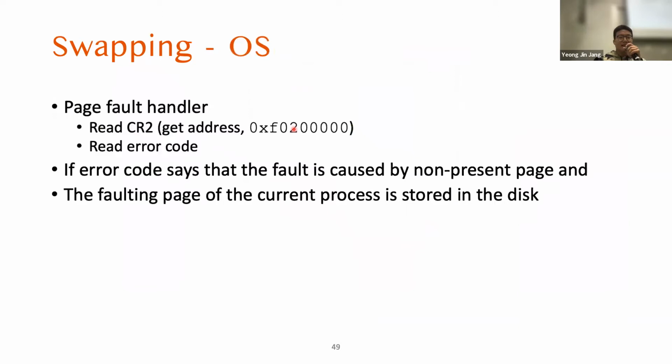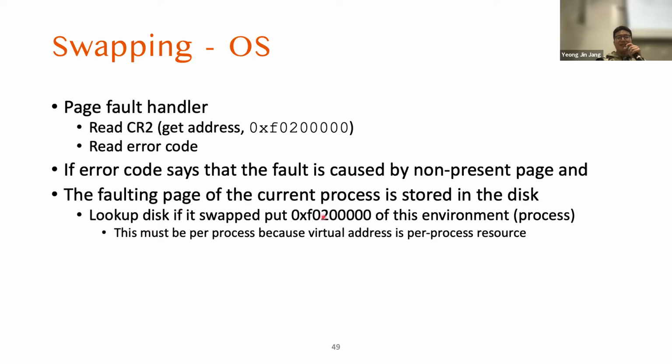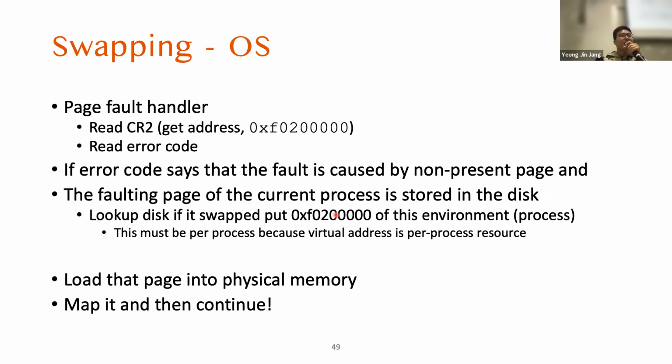If the error code says it was caused by a translation error, the page is not present, then the faulting page may be stored on the disk. Then we can look up the disk to see if that address of that process is swapped out to the disk. If it is, then we can load that into memory and continue to execute. That's why it's called a fault. We can continue to execute.